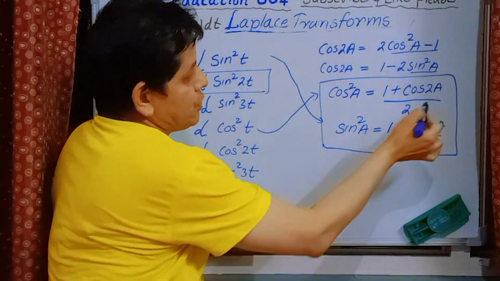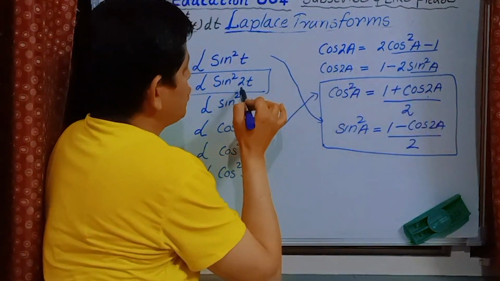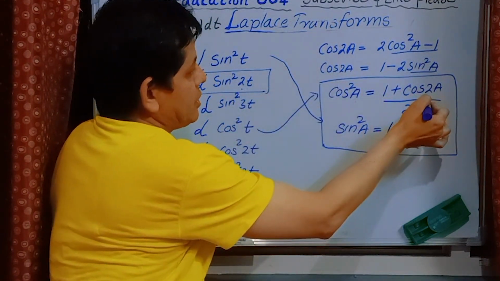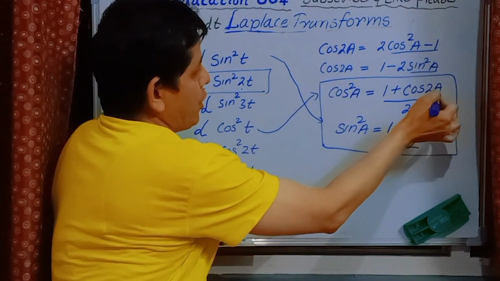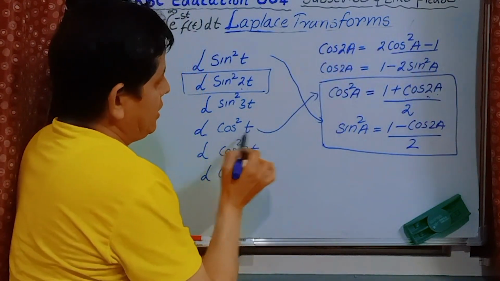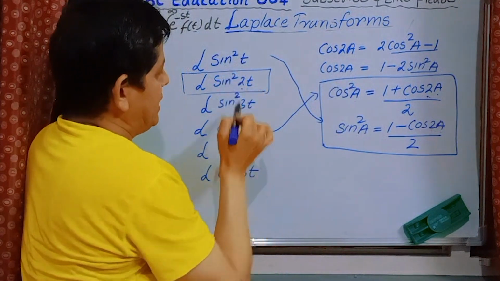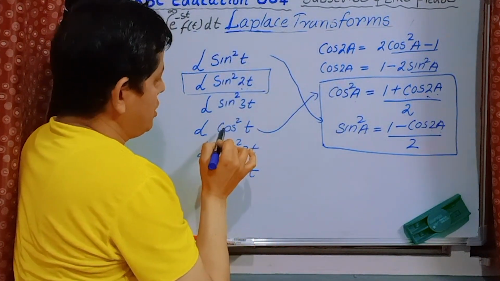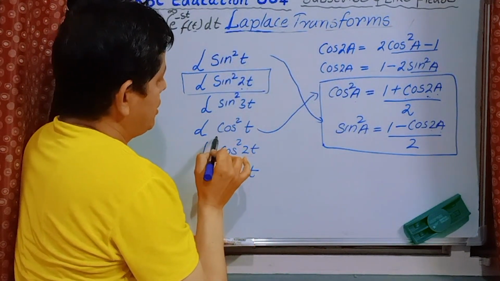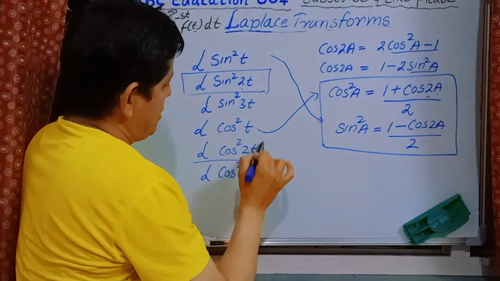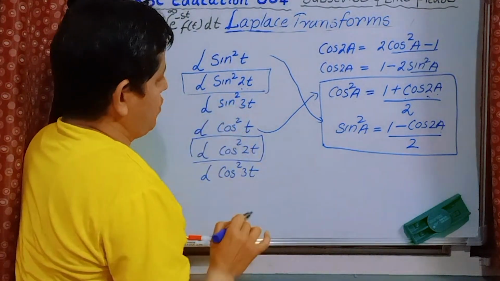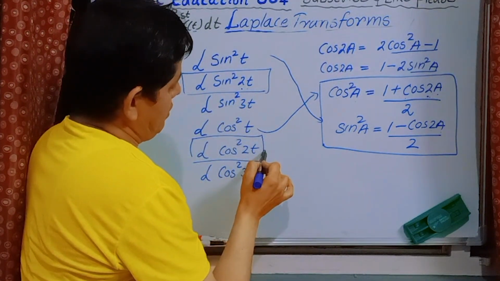In that case, you just replace a with 2 times it, so you multiply it, and it becomes cos 4a. Similarly, in each case, if you are trying to find this one and this one, what will happen?